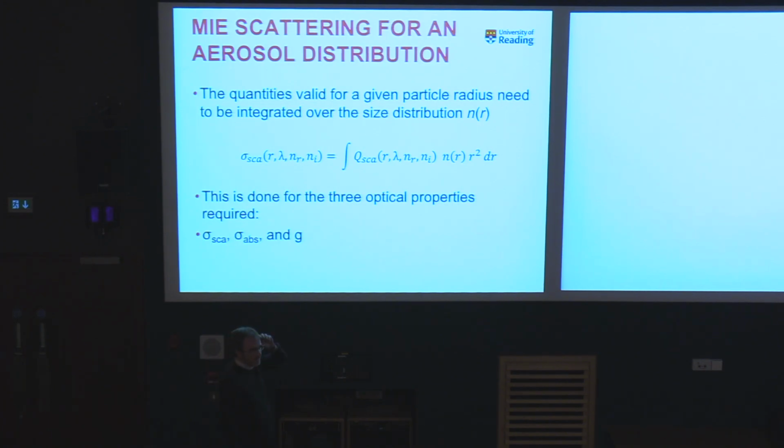It's really nothing magical. It's essentially a weighted average of the optical properties, weighted by the number of particles at a given size. And you need to do that for the optical properties you require: the scattering cross-section, the absorption cross-section, and the asymmetry parameter.